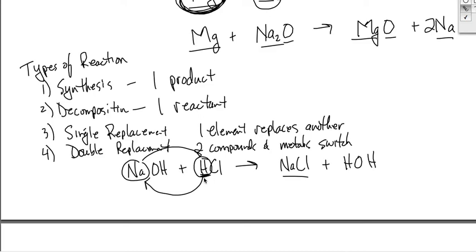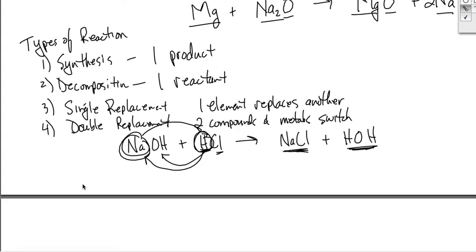But this is a switch. The sodium is now with the chlorine, sodium chloride, and the H went with the OH to make what is essentially water, H2O, two H's and an O. Okay, so this is a switch of the first part of the two compounds, and that is a double replacement.